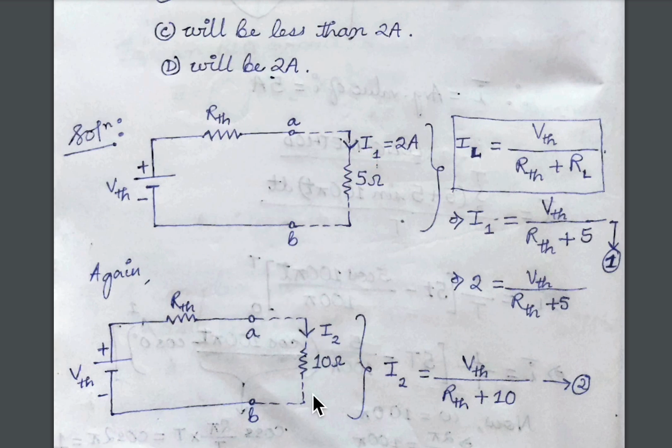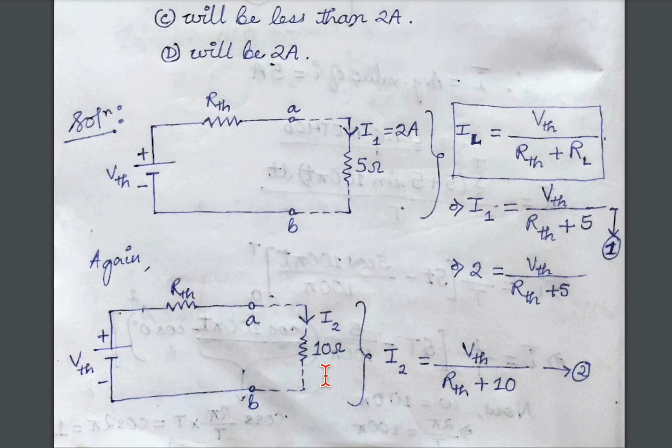So we did that, and the load current becomes I2 from I1. After that, in the same way, we will put the value of RL equal to 10 ohm in the equation and I2 in place of load current.